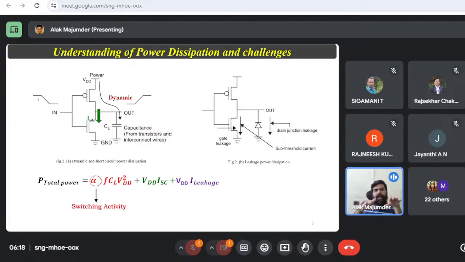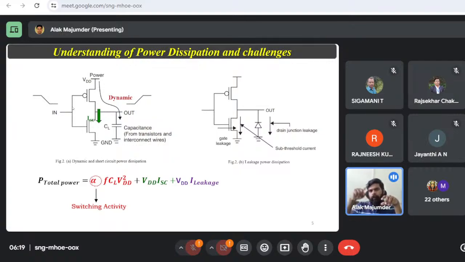If we understand the VTC, the voltage transfer characteristics of an inverter, we know that in the middle of that VTC, both PMOS and NMOS are in the saturation zone. So one is moving from off to on, another from on to off, and in that process there is a common zone where both devices are in saturation. Both devices being in saturation corresponds to a direct path from the power to the ground. So basically VDD gets shorted with the ground. That's how the short circuit power comes into the picture.